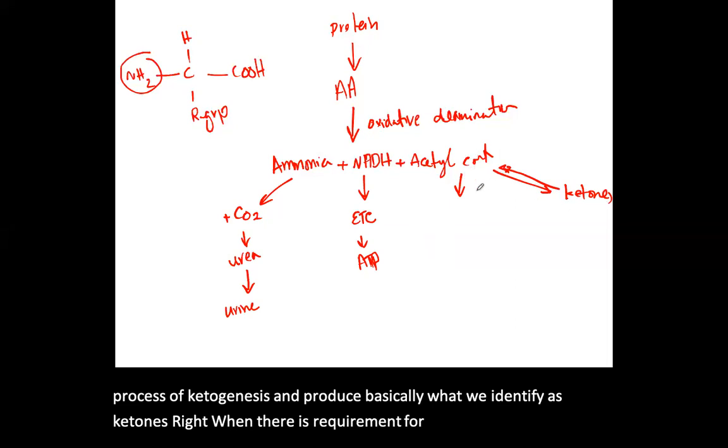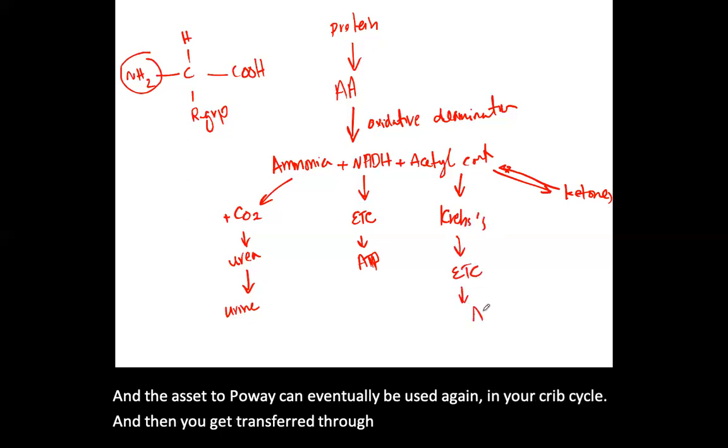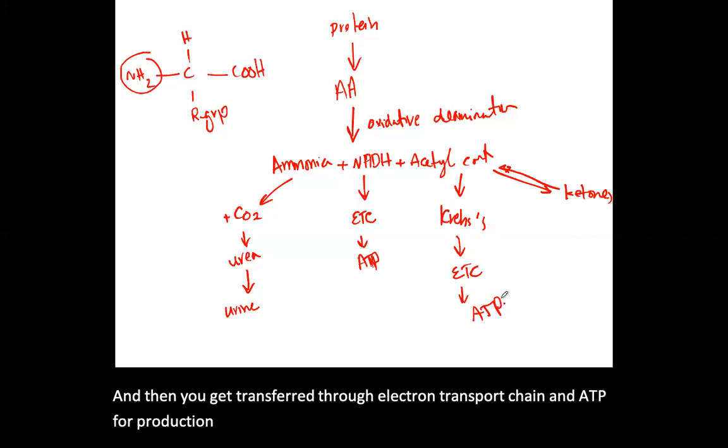And the acetyl-CoA can eventually be used again in your Krebs cycle, and then transfer through the electron transport chain for ATP production from those high energy electron carriers. So right here, this is what you need to know for proteins.